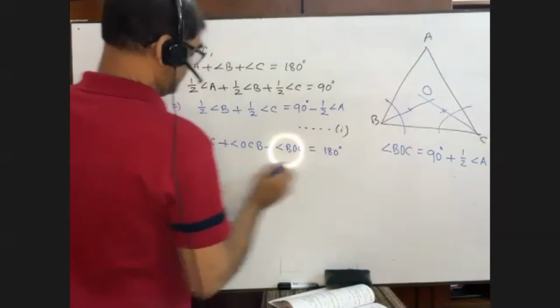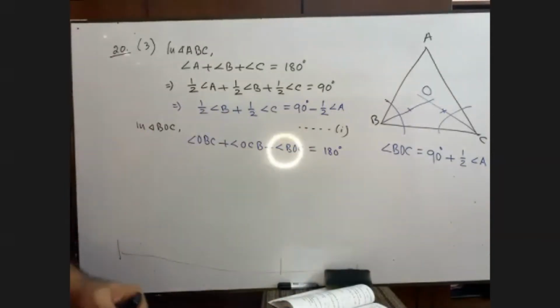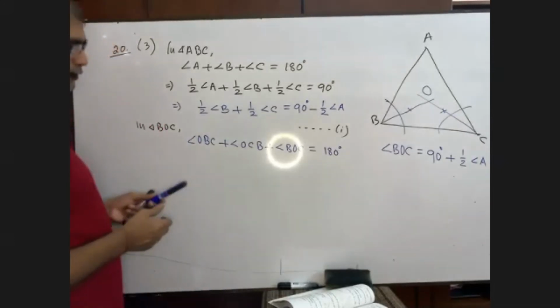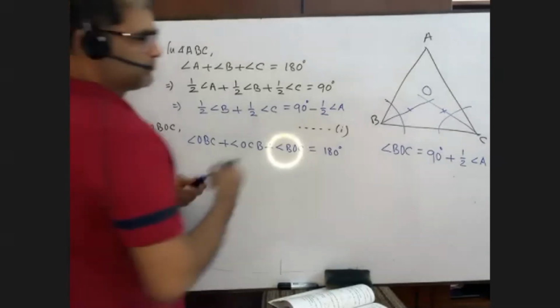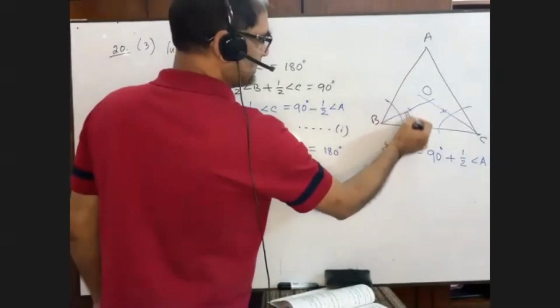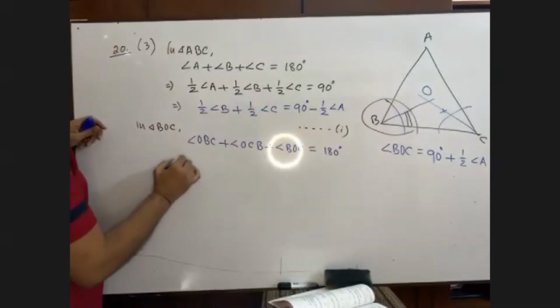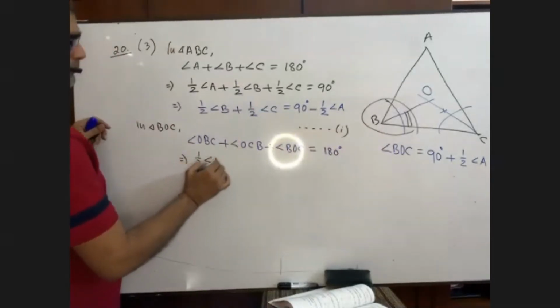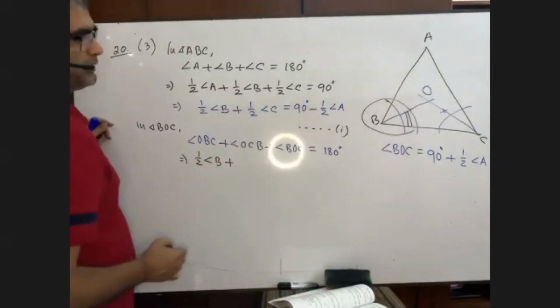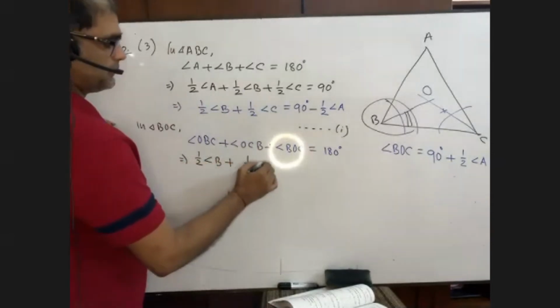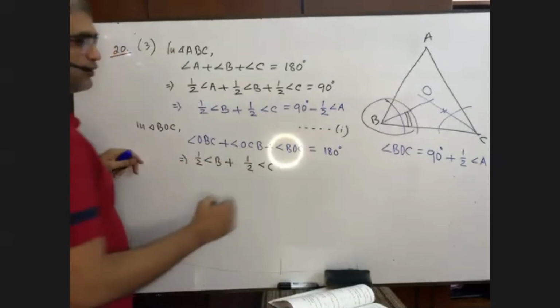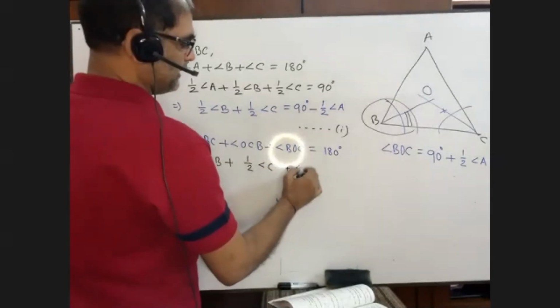It is also a triangle and the sum of the 3 angles is 180 degree. Now OBC equals what? Half of angle B. And OCB is half of angle C. And BOC we don't know, as we have to find the value of BOC.